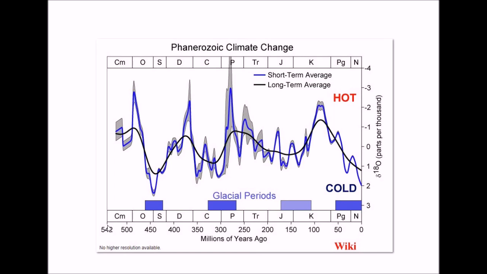That's when life, multi-celled, complex life, burst onto the scene in very large numbers. And it was far warmer then than it is today. About 450 million years ago, we had a lot of glaciation and ice form during this period.